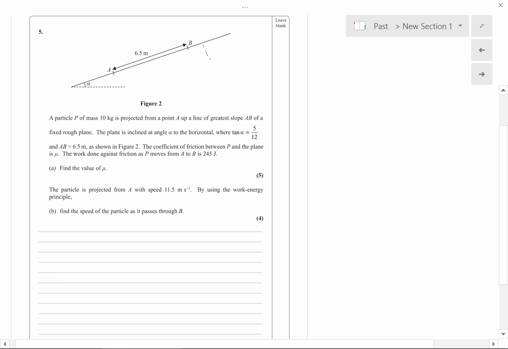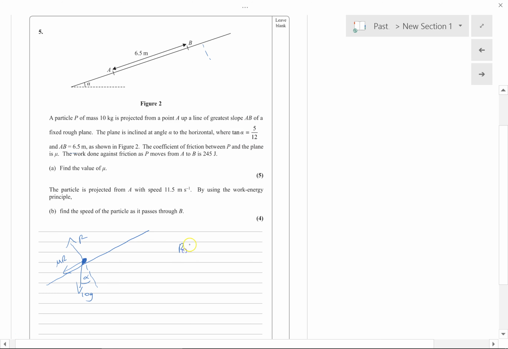So if I just redraw this diagram here, we've got a reaction force here. Because it's moving, friction must be limiting, and we've got a weight of 10g because the mass is 10 kilograms. And the angle alpha here, which we know because tan alpha is 5/12.